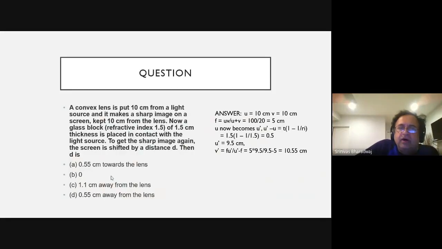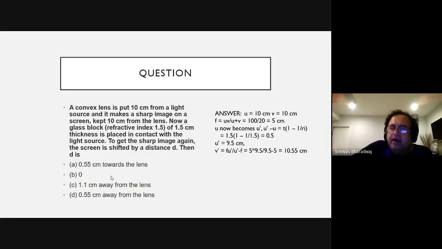So now a glass block of 1.5 centimeters is placed in contact with the light source. To get the sharp image again, the screen is shifted by a distance d.